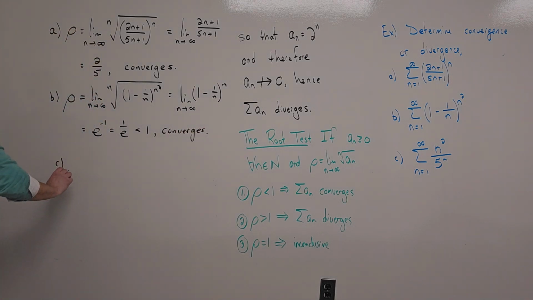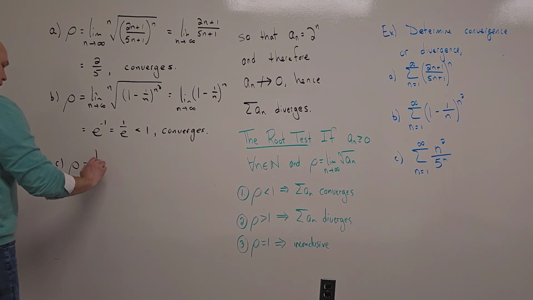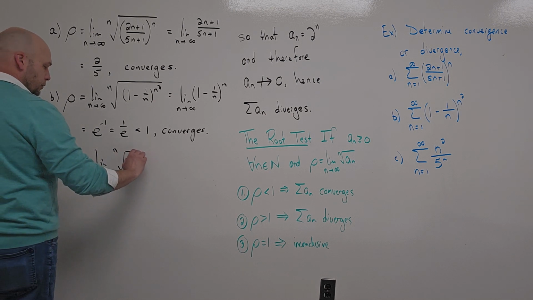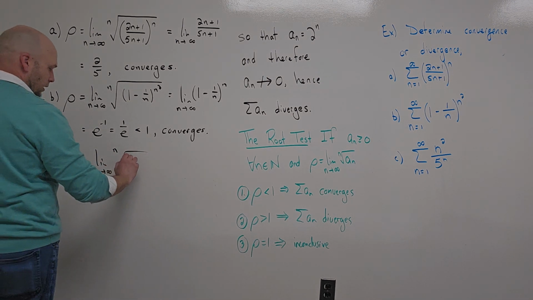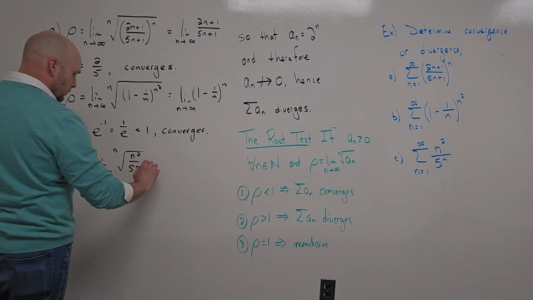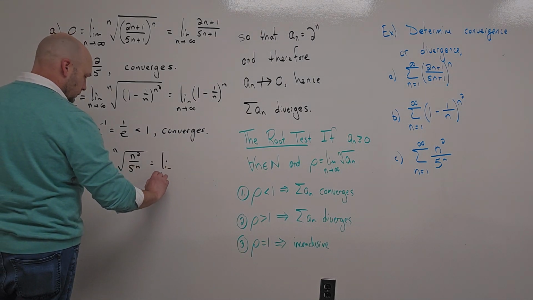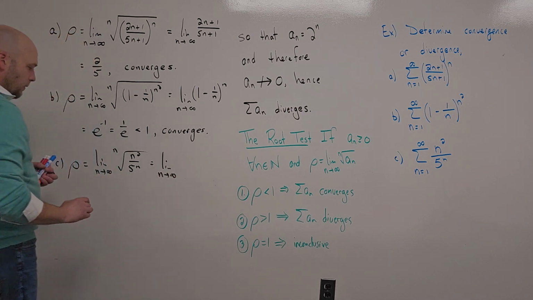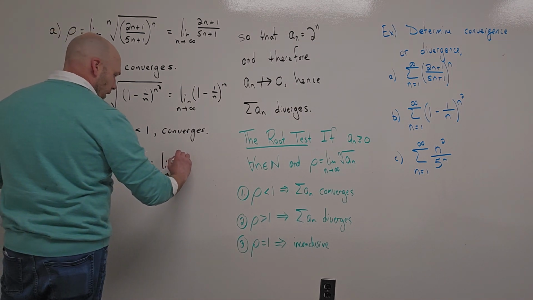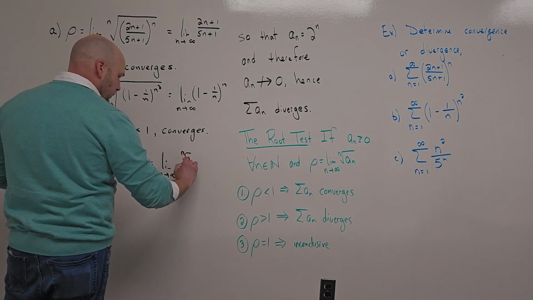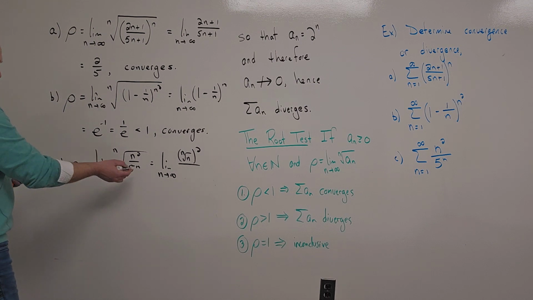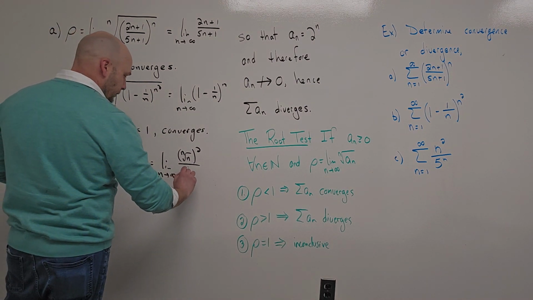Part C. Rho is the limit at infinity of the nth root of the expression inside the summation, so that's n squared over 5 to the n. Okay, so the nth root of n squared is the nth root of n, squared, and then the nth root of 5 to the n would be 5.